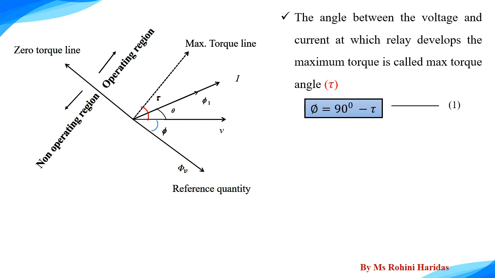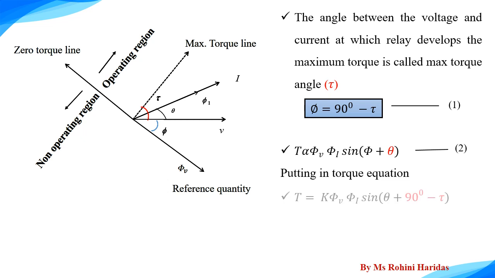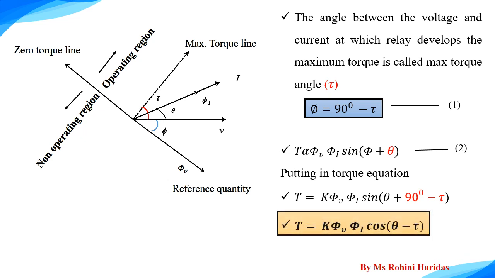Also we know that the torque is proportional to phi V phi I sin(phi plus theta), and let it be equation number 2. Now putting equation 1 in equation 2, we will get T is equal to k phi V phi I sin(theta plus 90 minus tau). Here the sign of proportionality is replaced by the constant k. So finally we will get T is equal to k phi V phi I cos(theta minus tau).